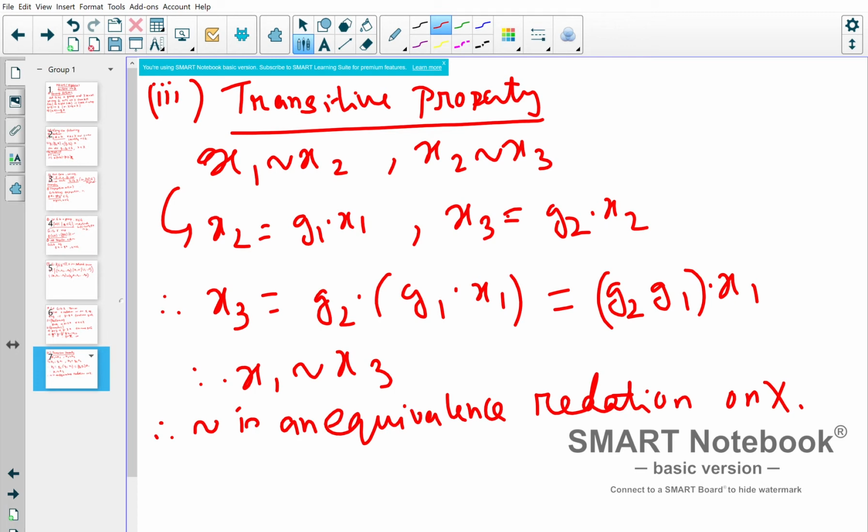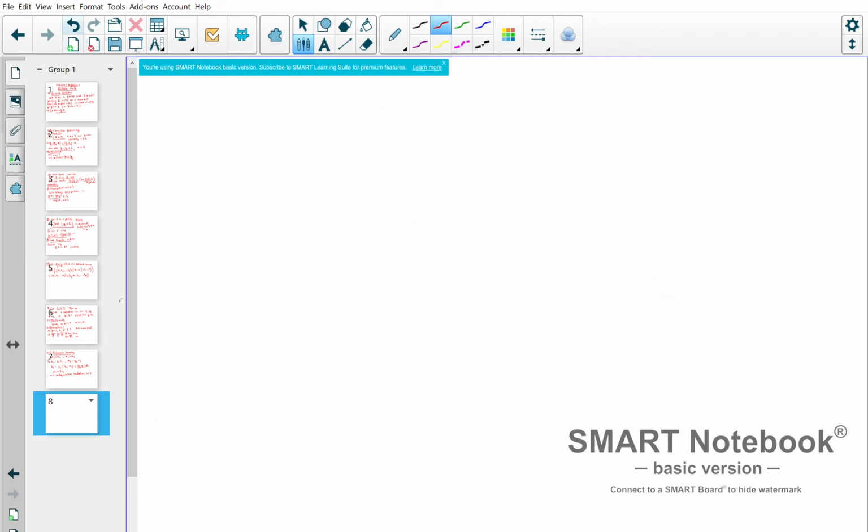Okay. Now we already learned that whenever I have an equivalence relation, then I have something called a partition, right?